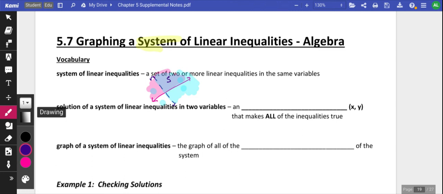So, okay, a solution is going to be an ordered pair that makes all of your inequalities true, that makes both of them true. Okay, you're not just thinking about one or the other. We're trying to find the quarter of your graph that makes everything true. Okay, so the graph of this system of linear inequalities, it's the graph of all of the solutions in this system.